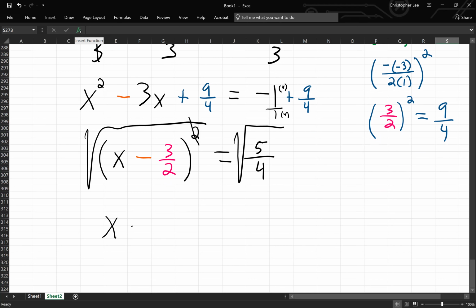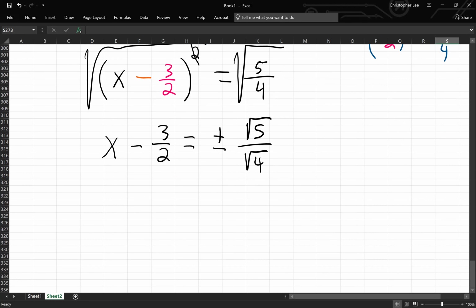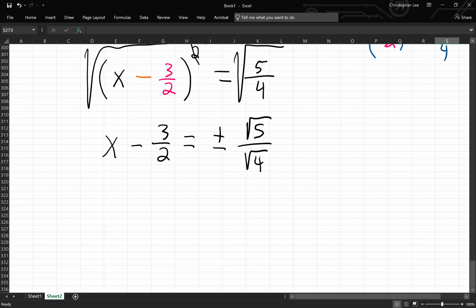I have x minus 3 over 2 is equal to plus or minus square root 5 over square root 4. Somebody help me. What's square root 4 again? I forgot. 2, right? So this becomes x minus 3 over 2 is equal to plus or minus square root 5 over 2. And what's my next step after this?